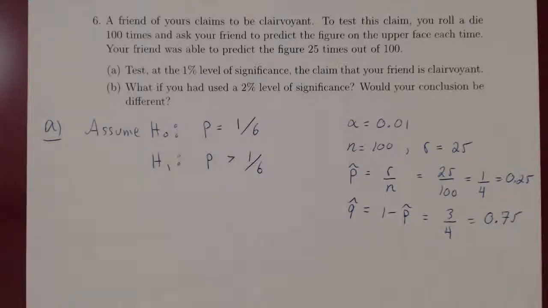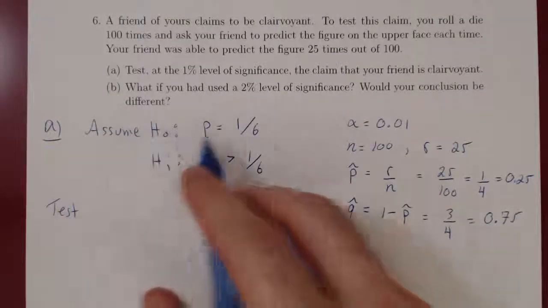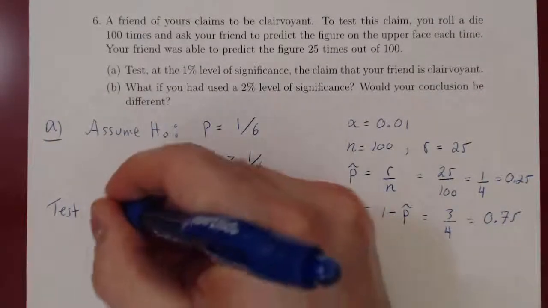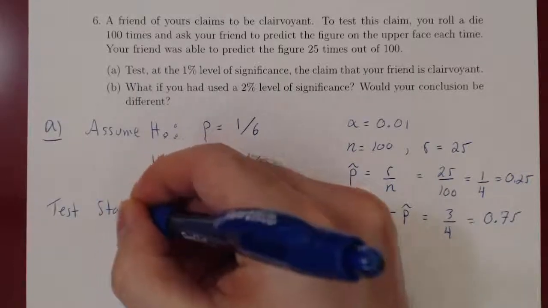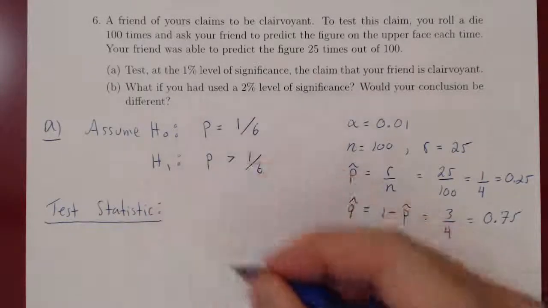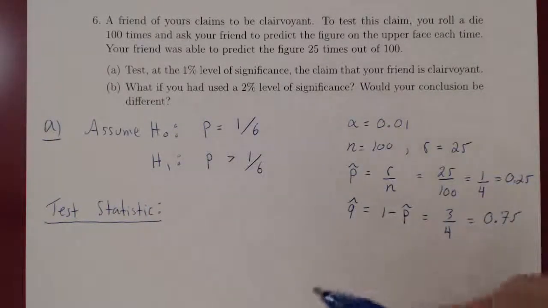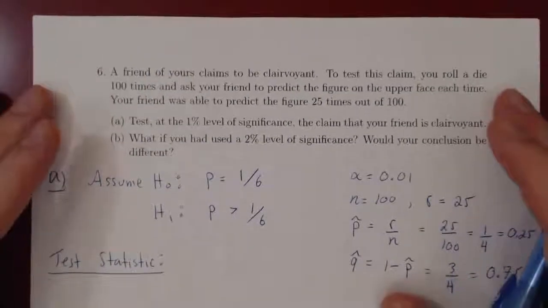Okay. Well, our next step is to look at our test statistic, of course, under the assumption of H0. Here we are testing for a proportion. Now I want to make a comment, and I'll write this up here.